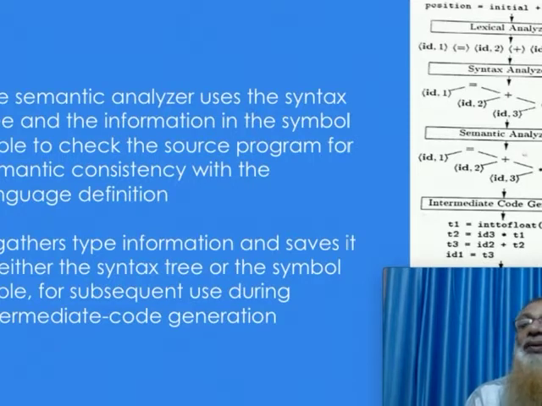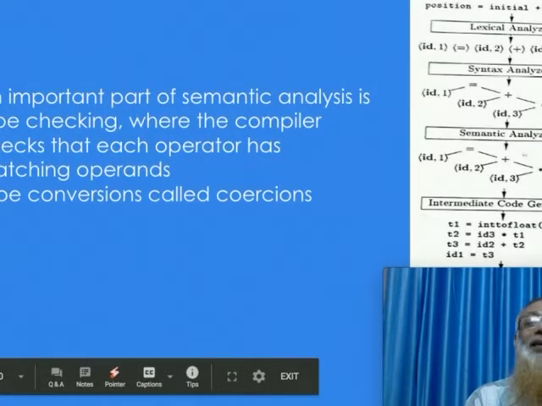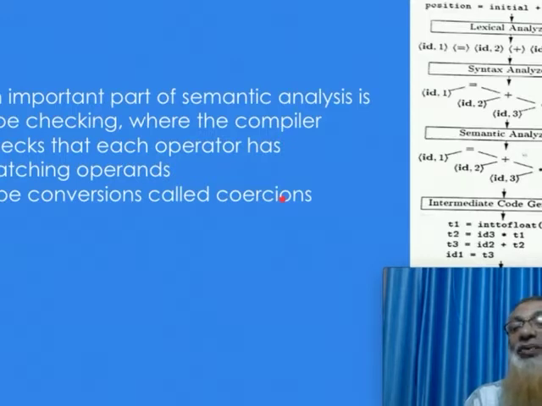See here, it is being done. This task is done by the compiler, not by the programmer. It has converted 60 to a floating point number, and as per that, the syntax tree is modified. And here, semantic consistency of the source program is verified. One of the aspects of semantic analysis is data type checking, as we have explained now.